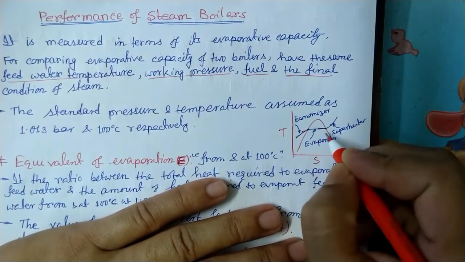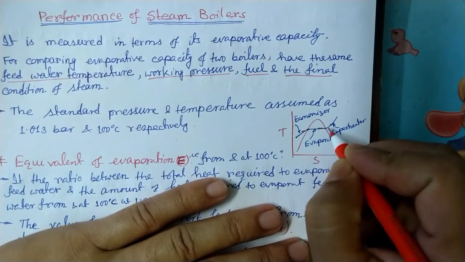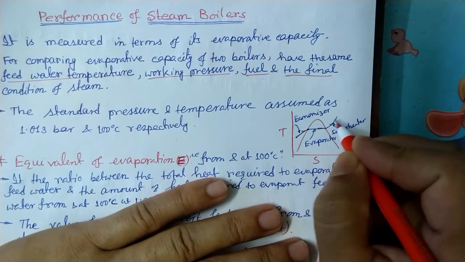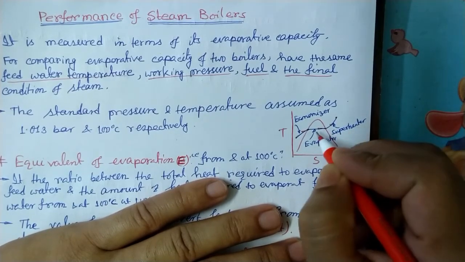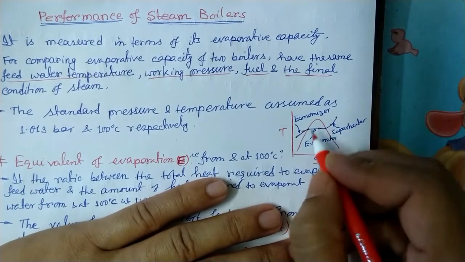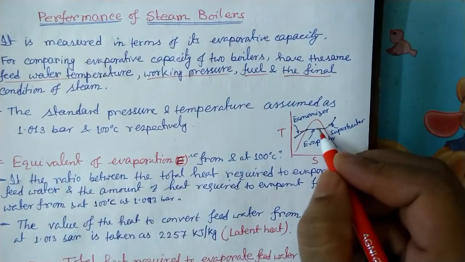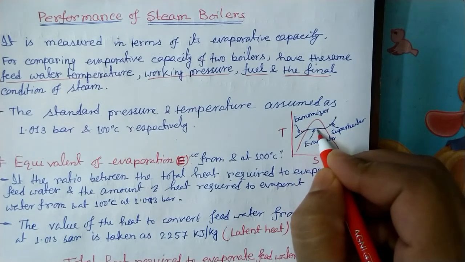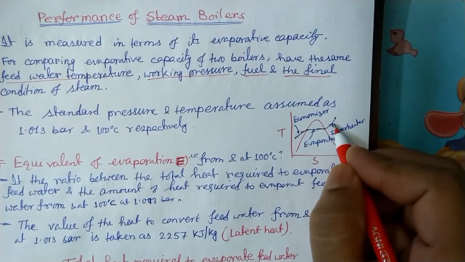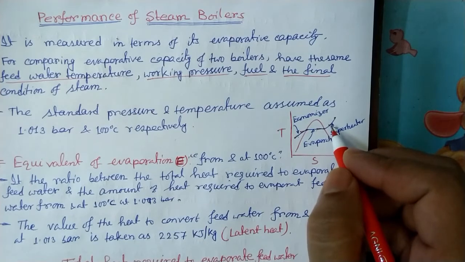Saturated liquid to saturated steam is at the evaporator, and saturated steam to superheated steam is heated by the superheater. So this is our economizer heating, this is evaporative heating, and this is the superheater. These three are important for us.